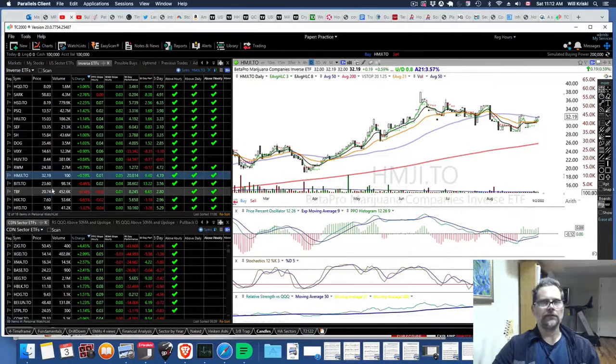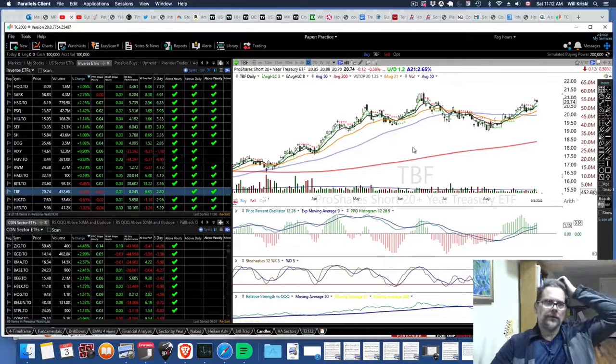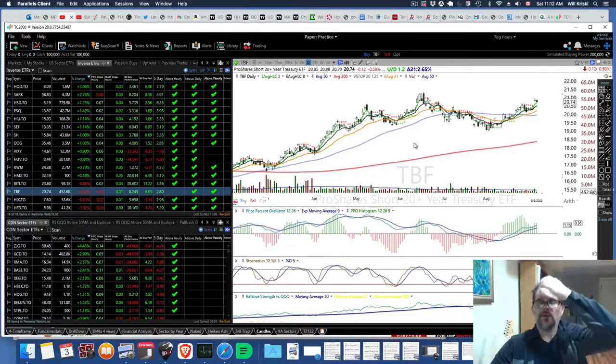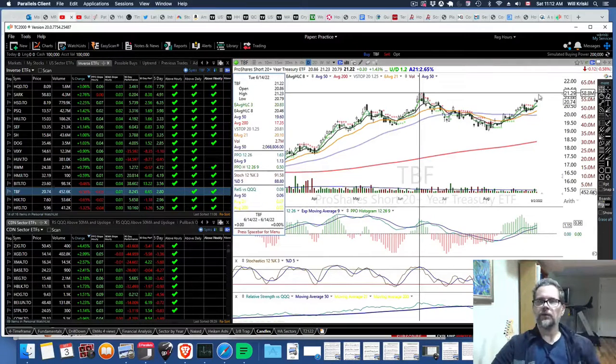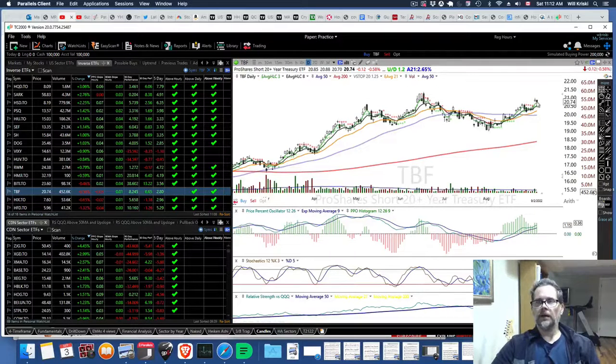So the 10-year or 20-year, there's an inverse TBF, and it's basically going up if interest rates go up.